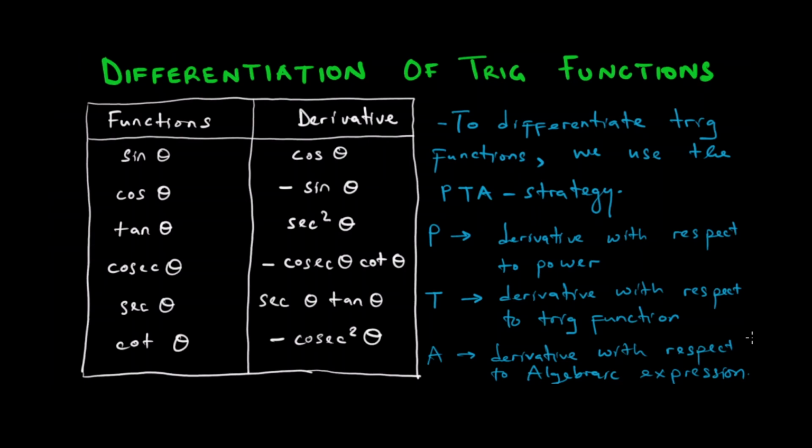A stands for derivative with respect to algebraic expression. So when we are differentiating trig functions, we start by differentiating the power, then the trig part, and lastly the algebraic expression. Let us do the following examples so that you see what we mean.